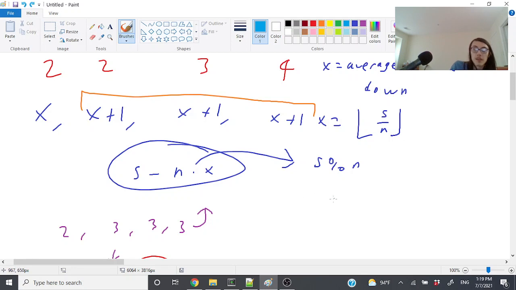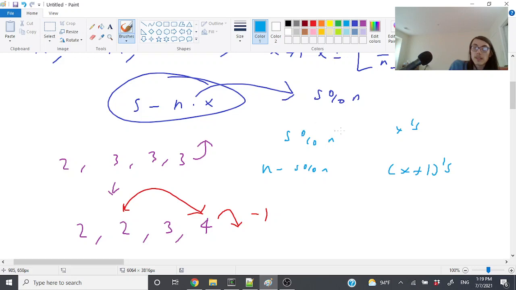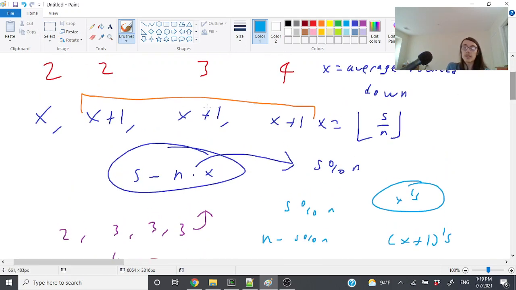So we have S mod n x's, and the rest is simply everything else, so it's n minus S mod n of the x minus 1s. So what's the answer? Well, every x has a contribution of 0 with every other x.